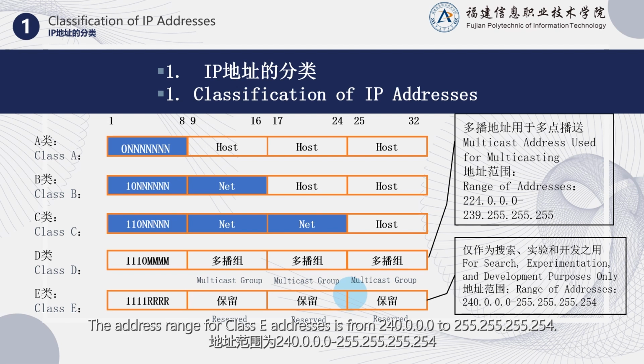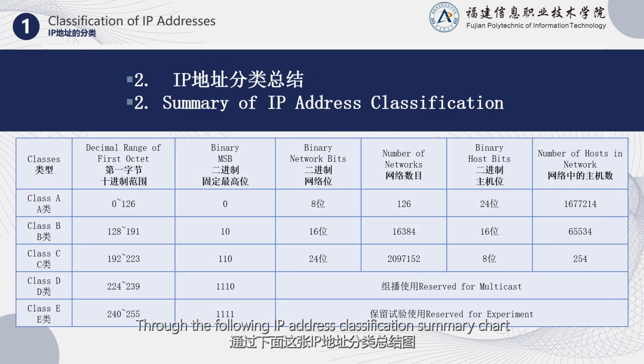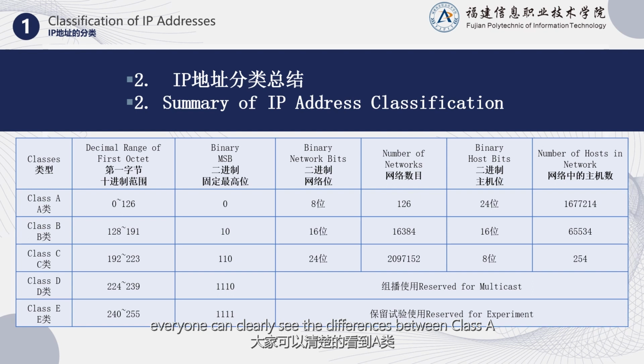The address range for Class E addresses is from 240.0.0.0 to 255.255.255.254. Through the following IP address classification summary chart, everyone can clearly see the differences between Class A, Class B, Class C, Class D, and Class E.